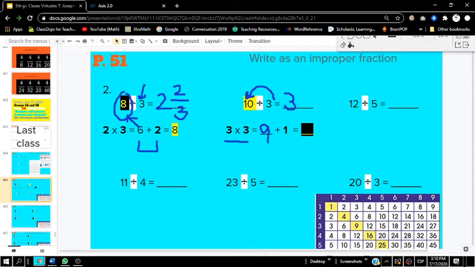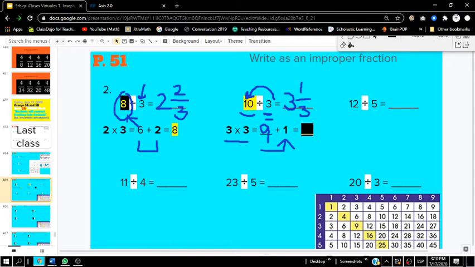Well, 9 plus that extra 1 is going to come to our dividend, 10. So 1 is going to be my numerator. Put my little line right there. And what would be our denominator? Well, the same number that we had before. That 3 is our same number. So 3 and 1/3 is our final answer.